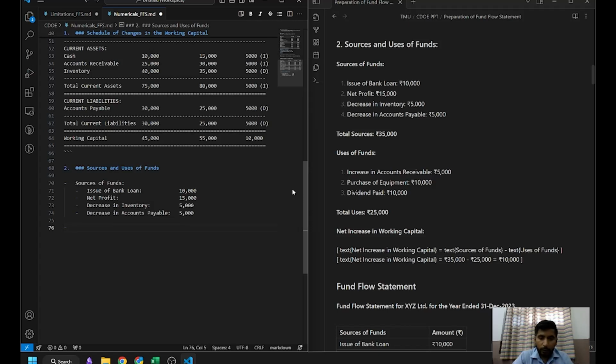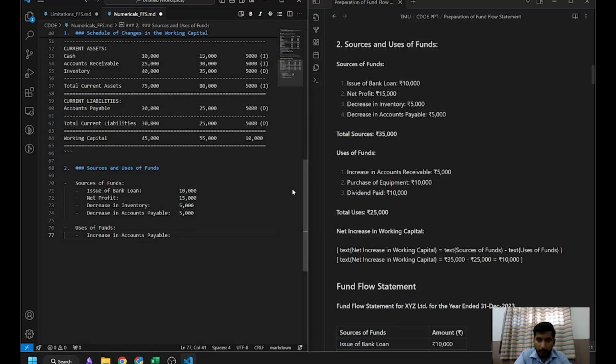A bit more, we'll talk about again the uses of funds. Increase in accounts payable.